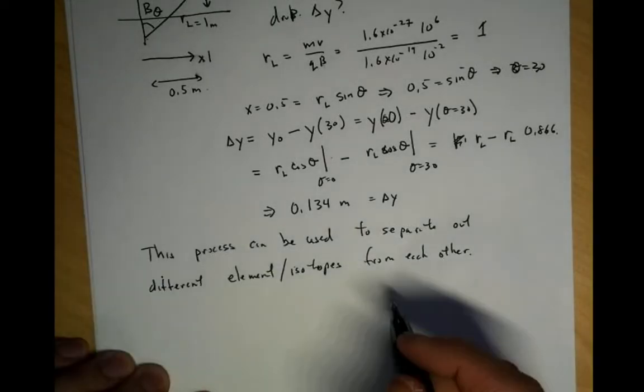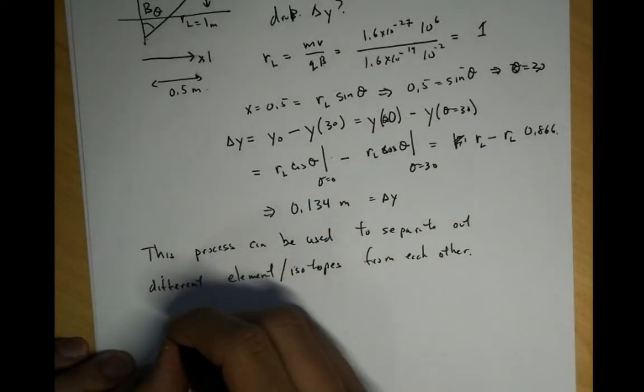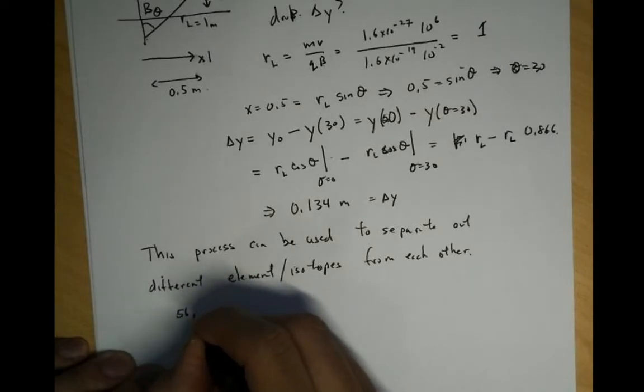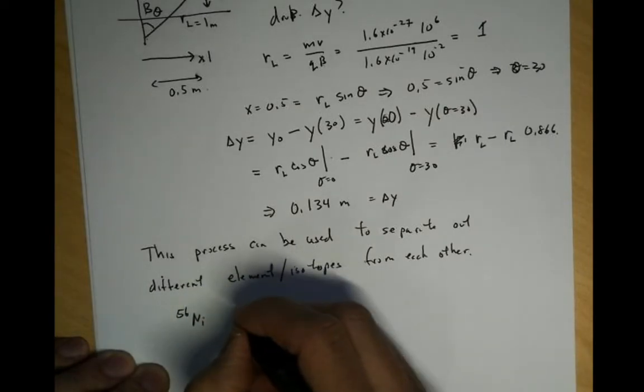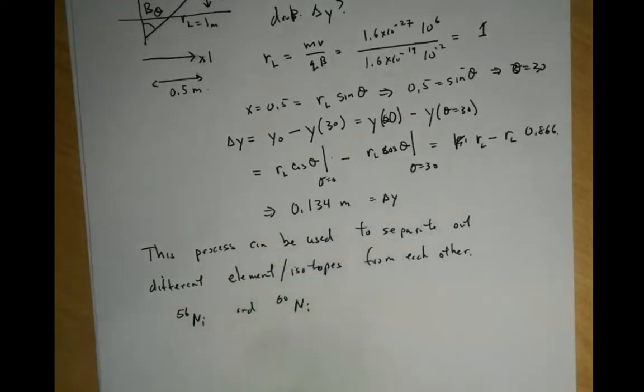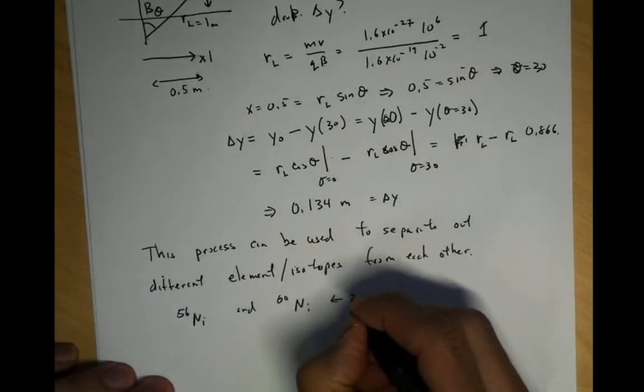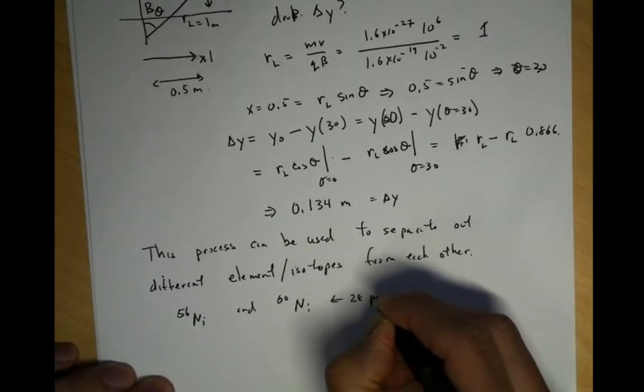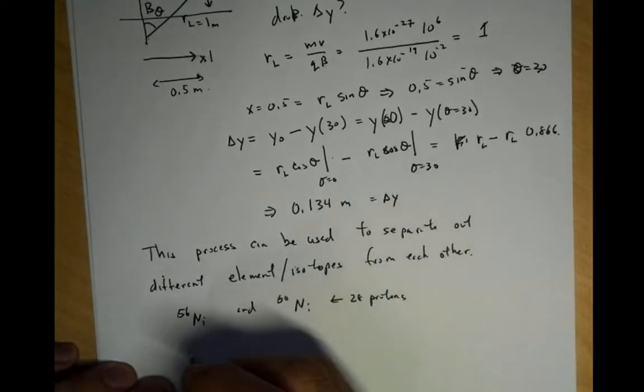So suppose you have two different isotopes, right? I'm going to basically call this nickel 56 and the other one nickel 60, all right? So these are nickel, so that means they have 28 protons. But the difference is this has, let me say, 28 neutrons.